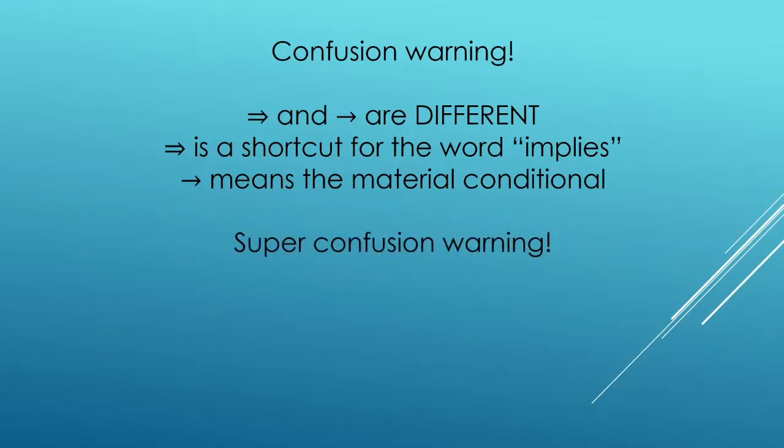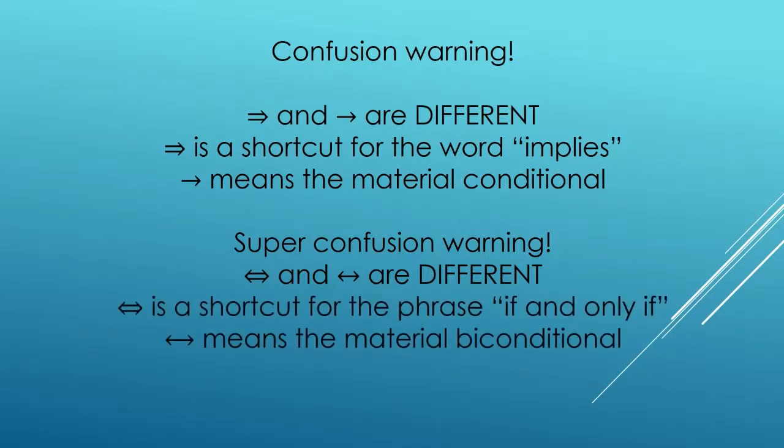Super confusion warning. If and only if and material biconditional are different. If and only if is a shortcut for the phrase if and only if. Material biconditional means the logical connective material biconditional. Even though you usually shorten it also to if and only if, they're still different.